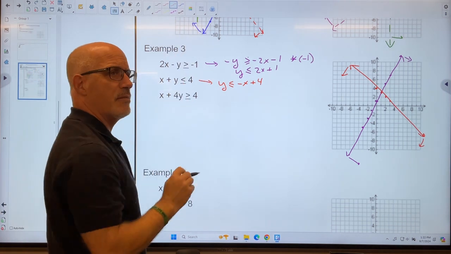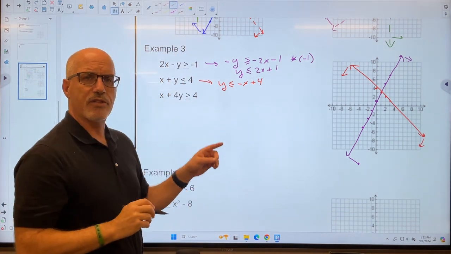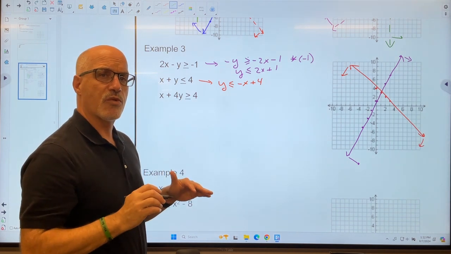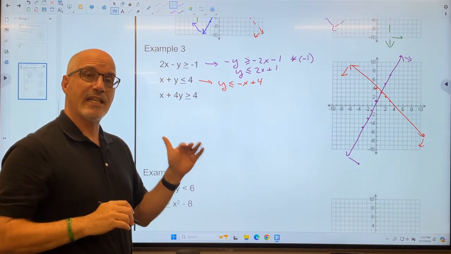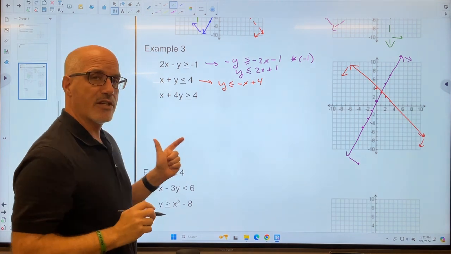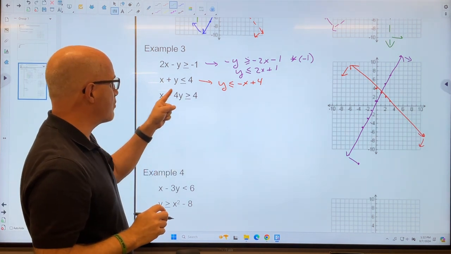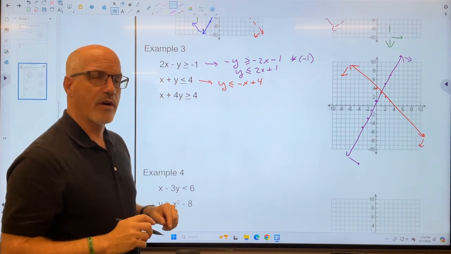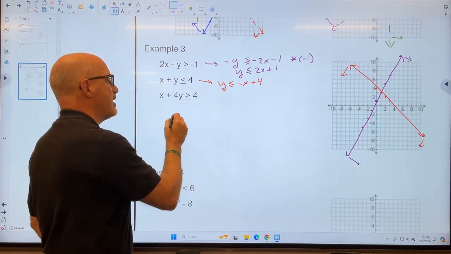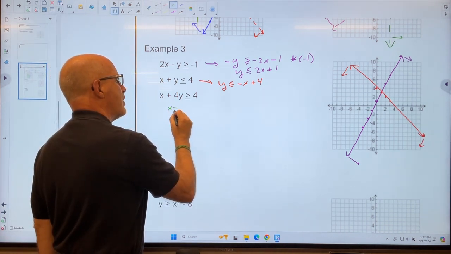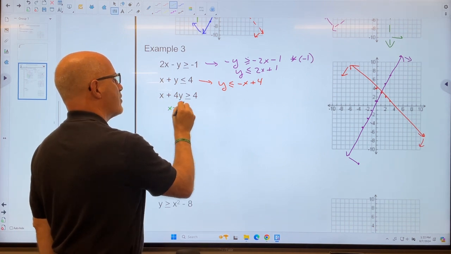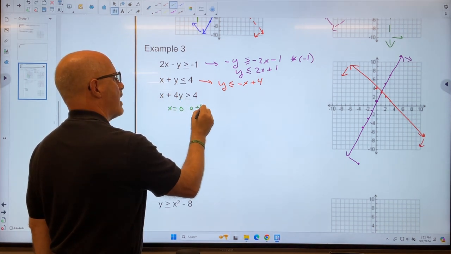All right, let's do the last one. This one I'm going to do a little bit differently. I can put it in slope-intercept form, but what I'm going to do is just remind you that you can graph using intercepts. One way to graph, instead of subtracting x and dividing everything by 4, is to put in 0 for x. If I put in x equals 0, notice I'll get 0 plus 4y.